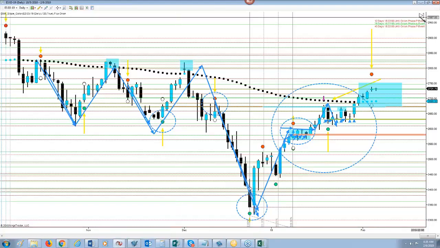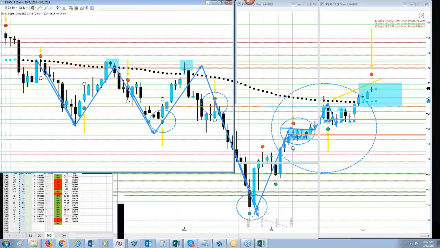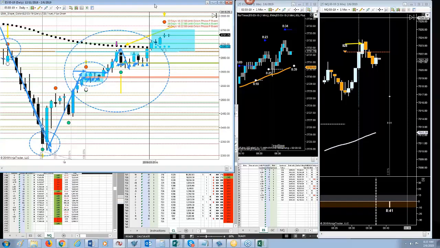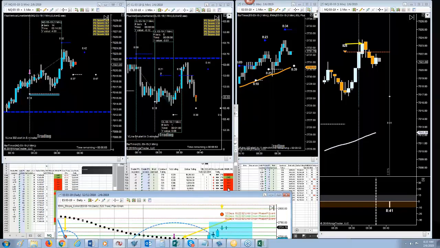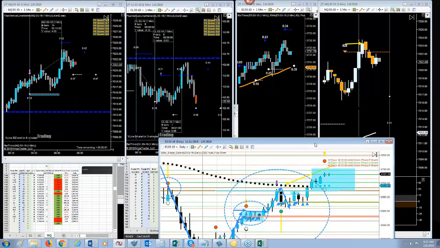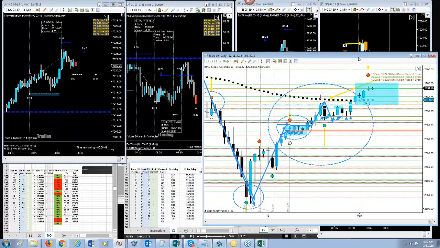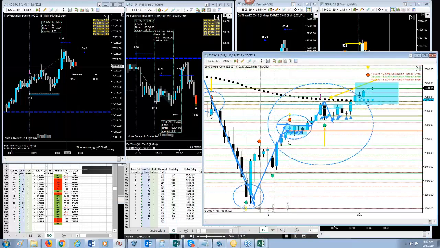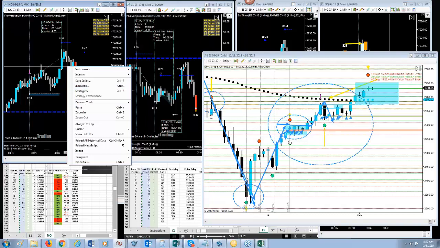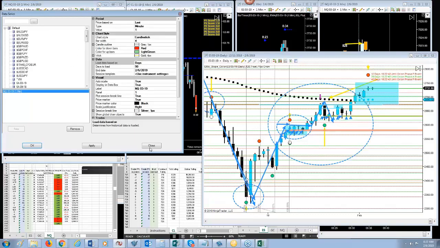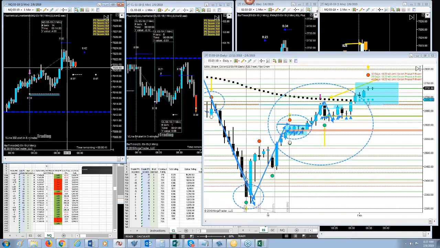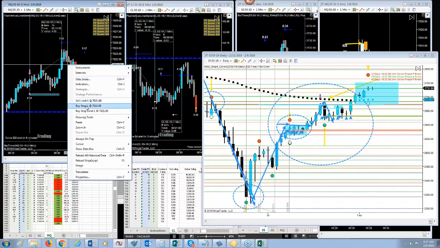So let me make sure we're not missing anything here. 8:37 signal on the NQ. It's a 5-minute window. Right here, I'm going to just demonstrate what the entry technique would be. Order pending.